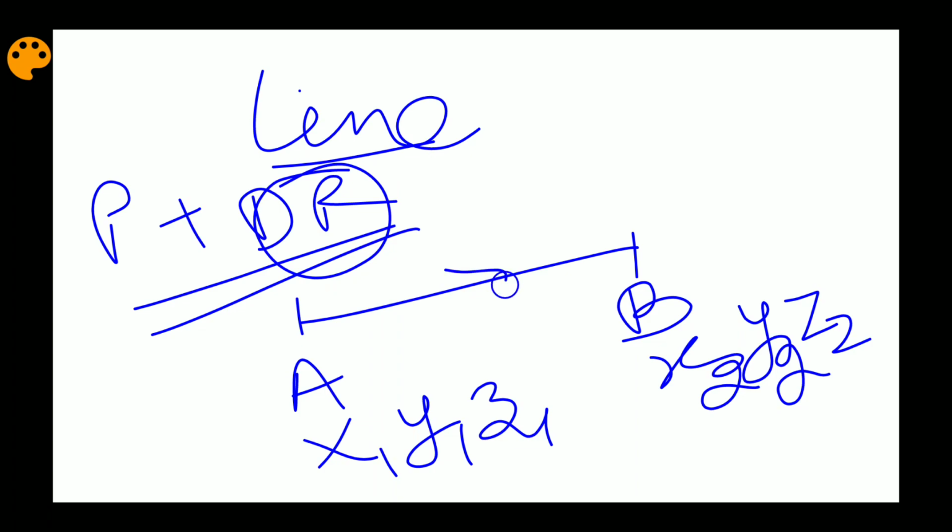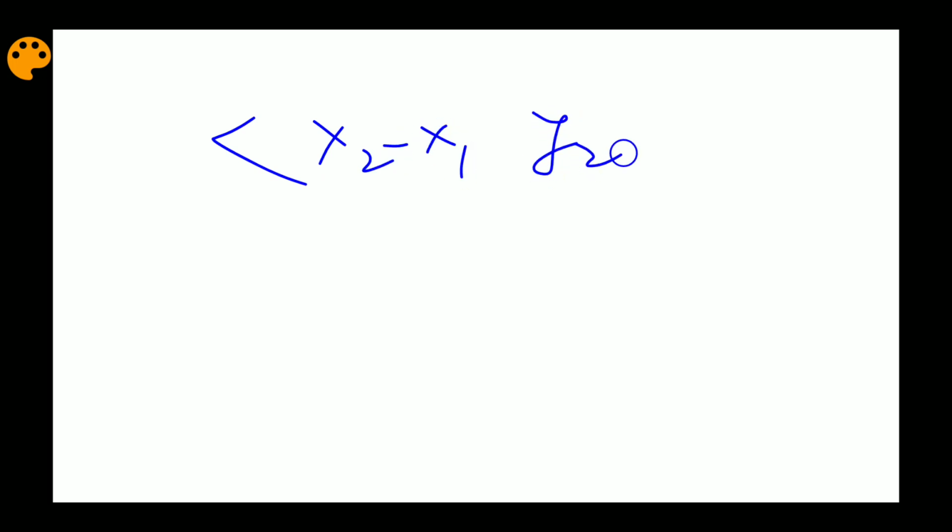Direction ratio is just the simple subtraction of the given points, like x2 minus x1, y2 minus y1, z2 minus z1. This will be the direction ratio.